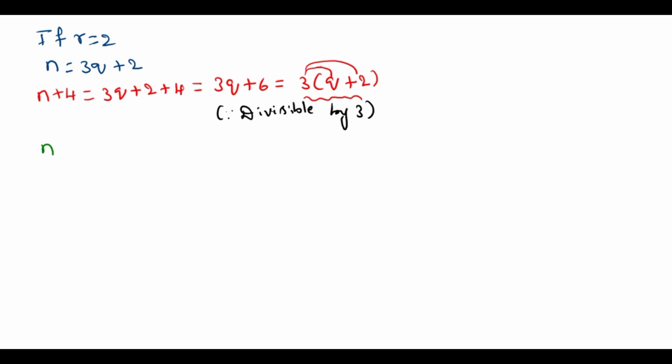Next case we'll check here. Directly we have taken n plus 4, so n plus 2 we missed out. Now we are taking n plus 2. That is 3q plus 2, and for this we are adding plus 2. Now this is 3q, 2 plus 2 is 4. Then 4 is a number that is not divisible by 3.